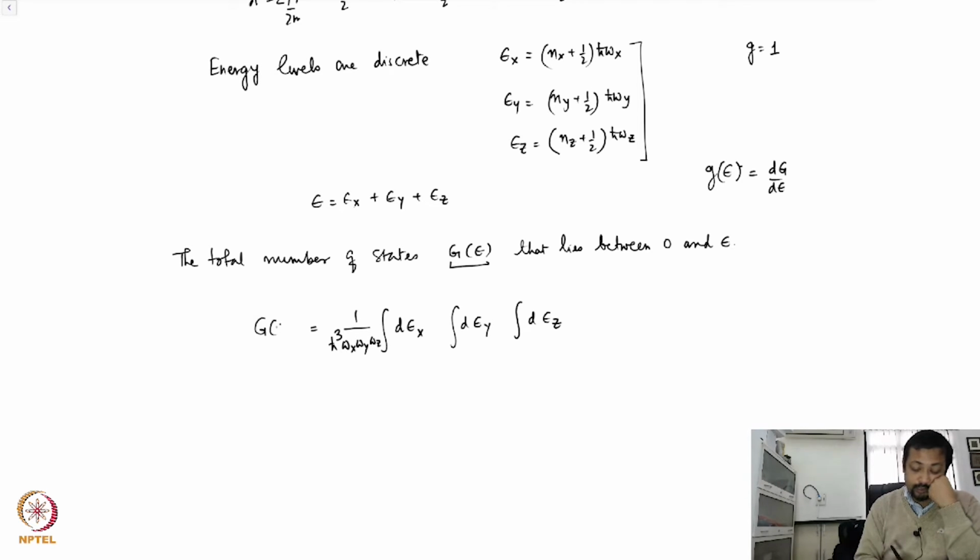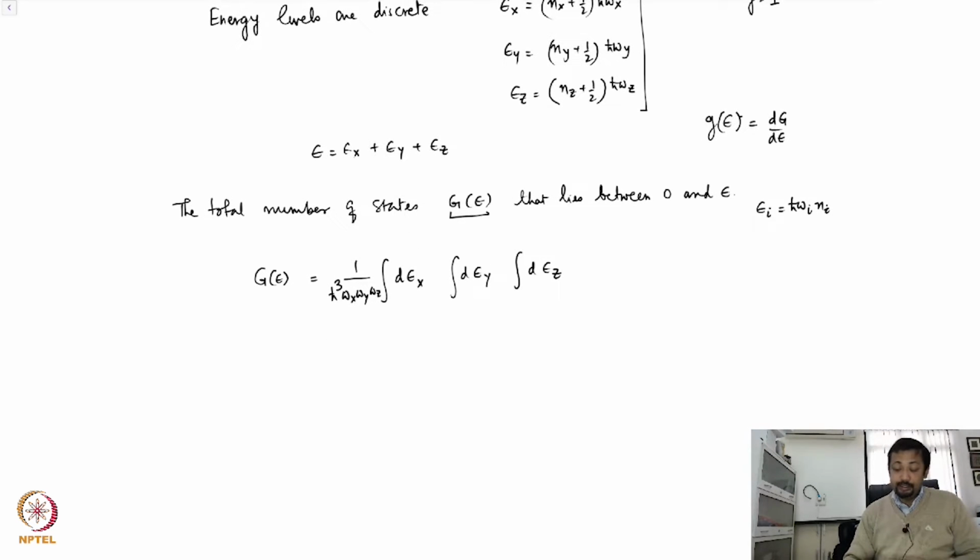Here we have essentially defined a coordinate system, the variables h bar omega i, and this gives me the total number of states between the energies 0 and epsilon.